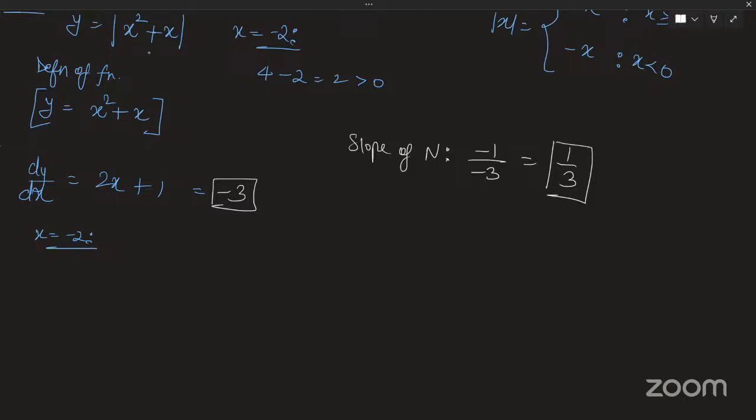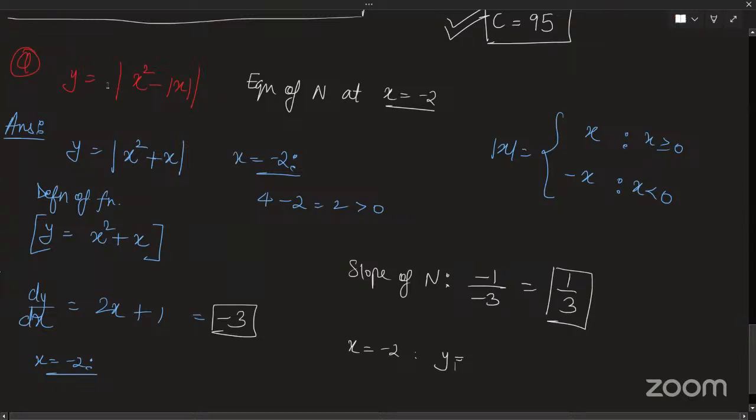And x is minus 2. If x is minus 2, can you tell me what is the point? What is the corresponding value of y? It's 2, right? We have just calculated it.